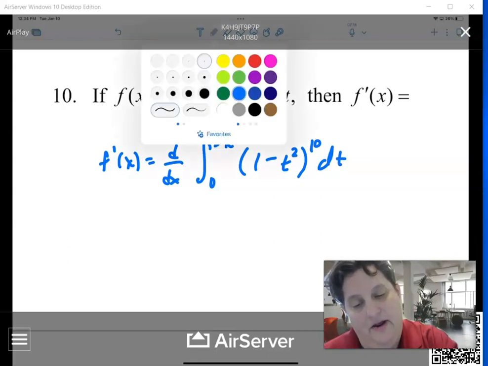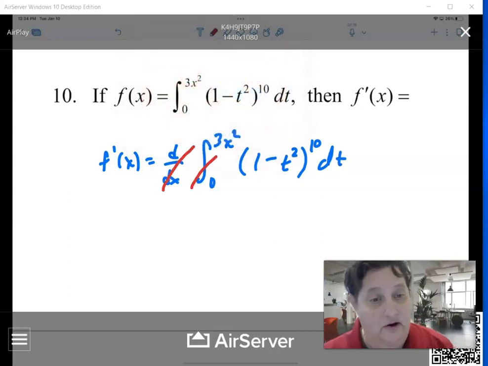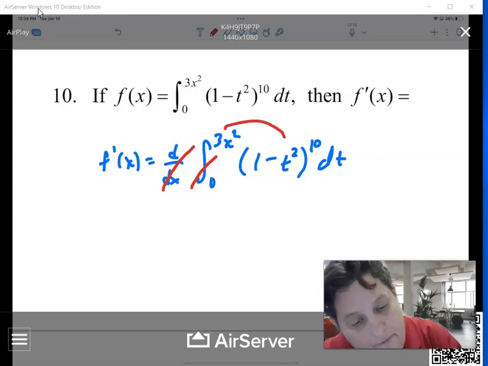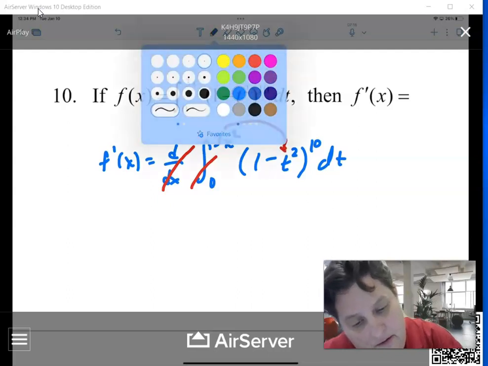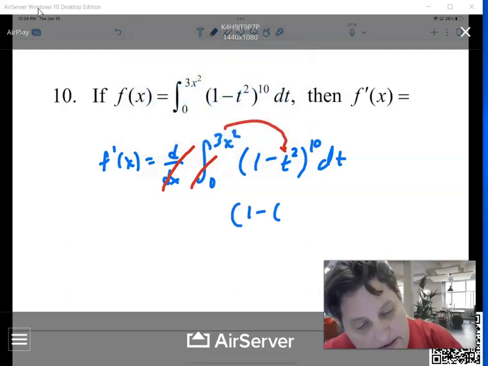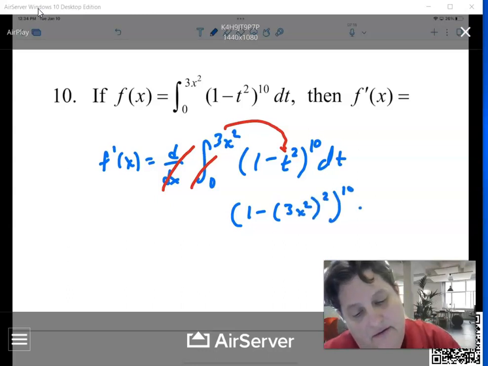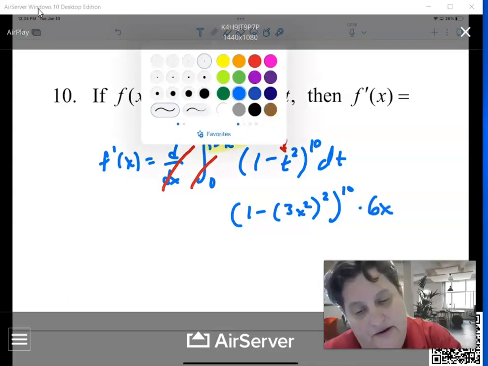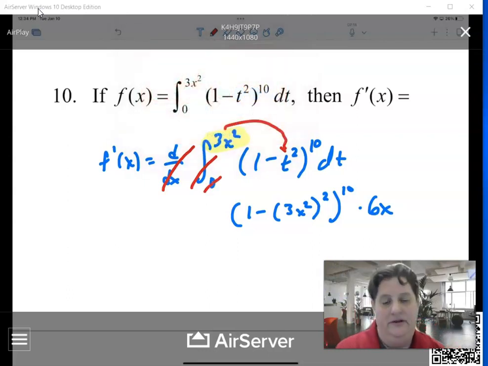And then I go, well, the derivative of an integral is, let's see. I'm going to put that in here. So it's going to be 1 minus 3x squared to the 10th times the derivative of what I plugged in, which is 6x, and the bottom is a constant, and I don't have to worry about it. Okay, so that's how it works.